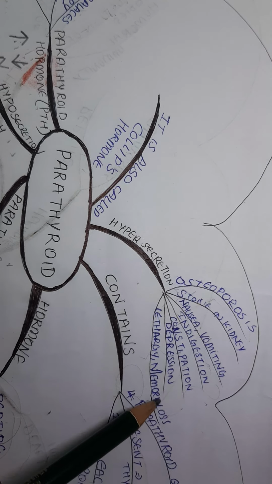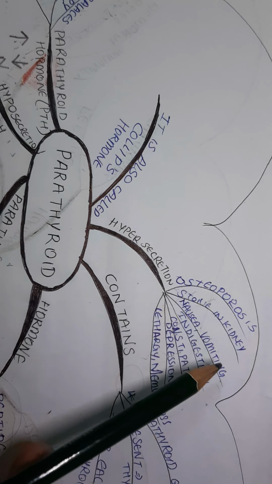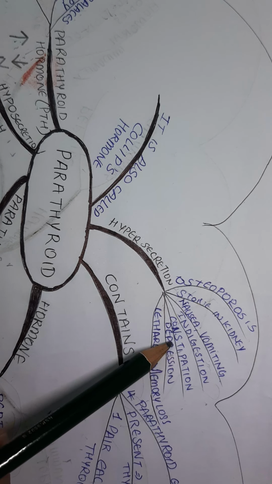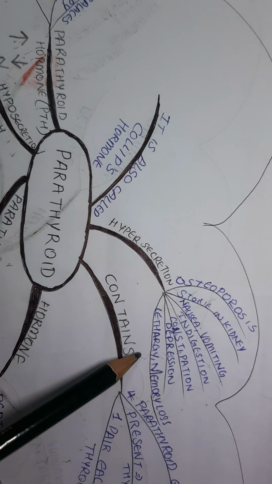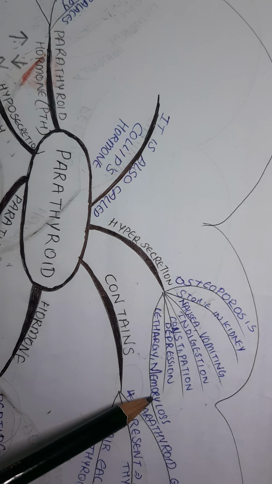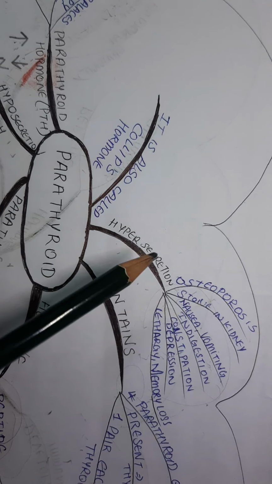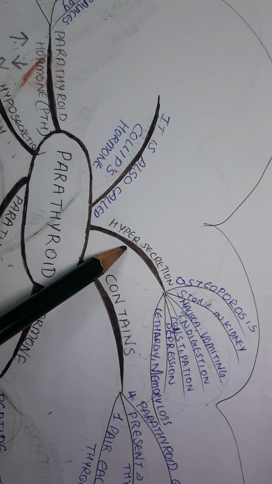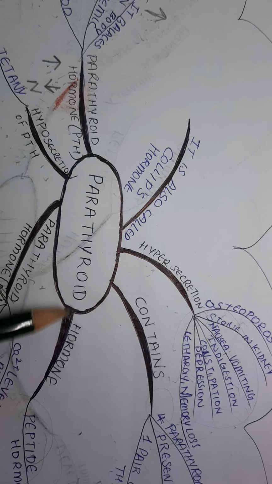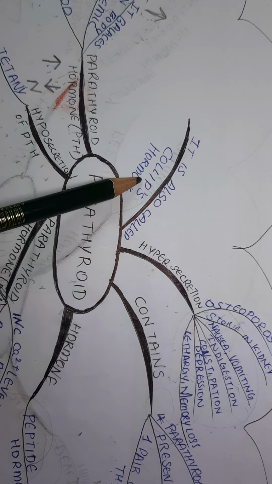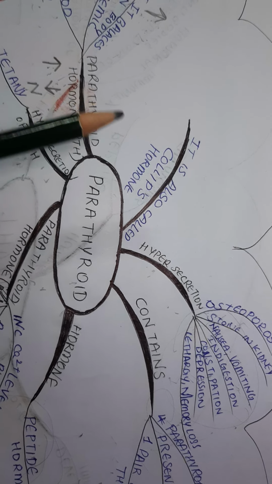The basic symptoms include nausea, vomiting, indigestion, constipation, depression, lethargy, and memory loss. These all are the symptoms of hypersecretion, that means if parathyroid hormone is secreted more than what is required. Parathyroid hormone is also known as Collip's hormone.